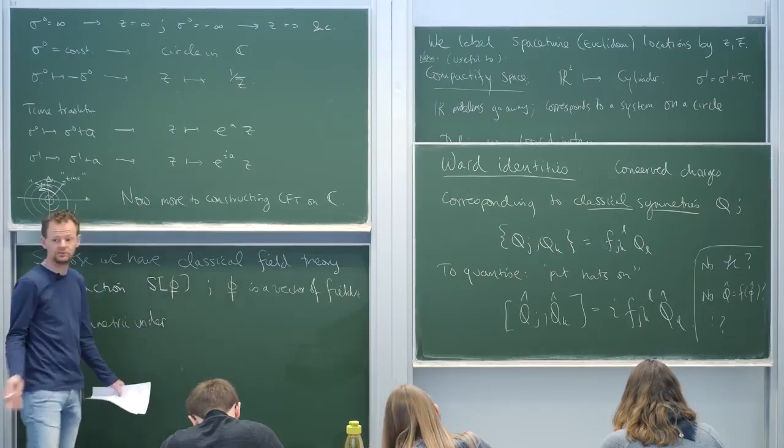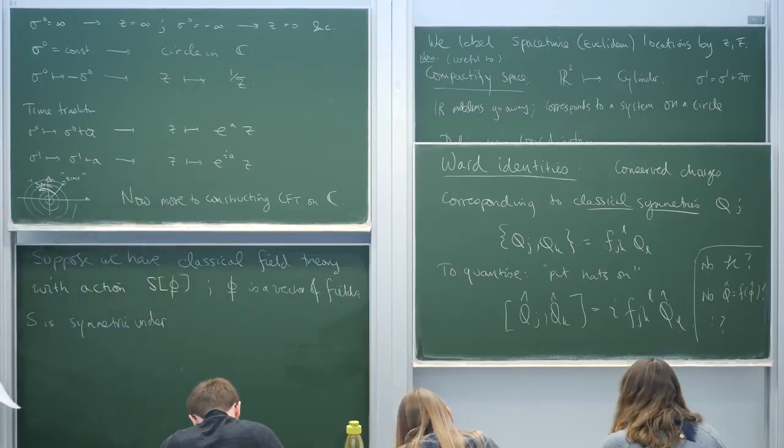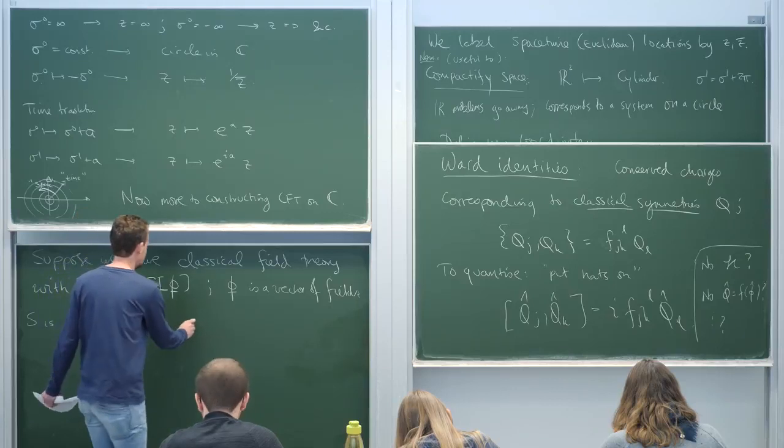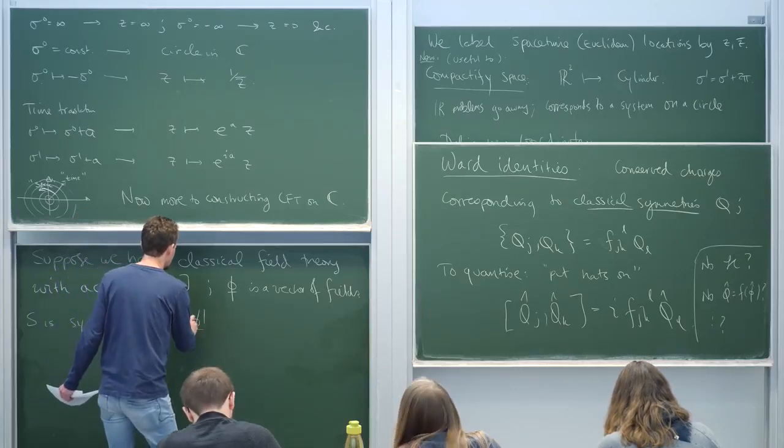And I'm going to assume that S has some symmetries. Conformal symmetry is the symmetry that's the most important for us, and such symmetries always have this kind of form.